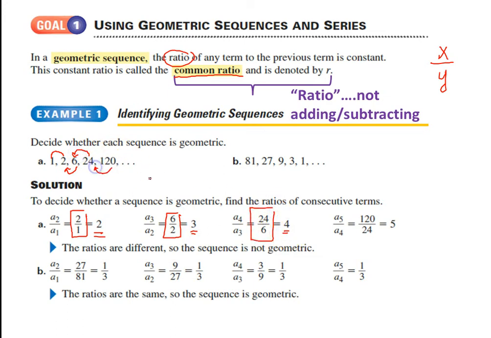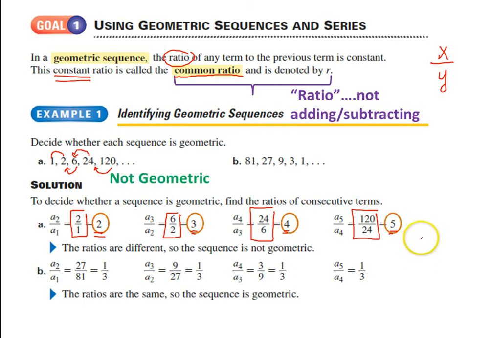The ratio of 120 to 24 is 5. Is that consistent? It has to have a constant ratio. Does it stay the same? No. We went from 2 to 3 to 4 to 5, so this one is not geometric.